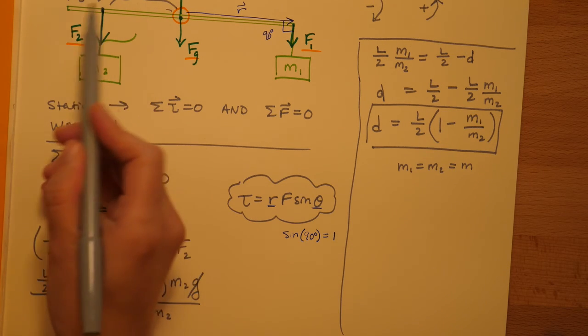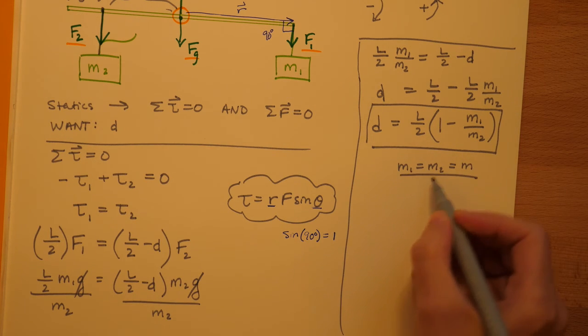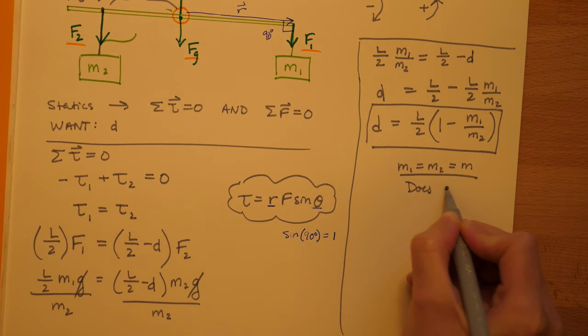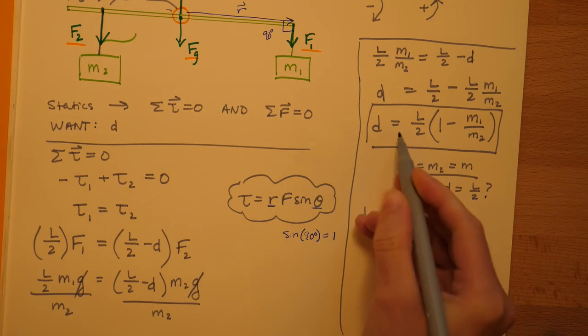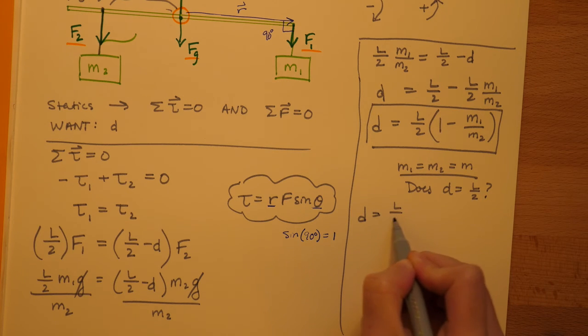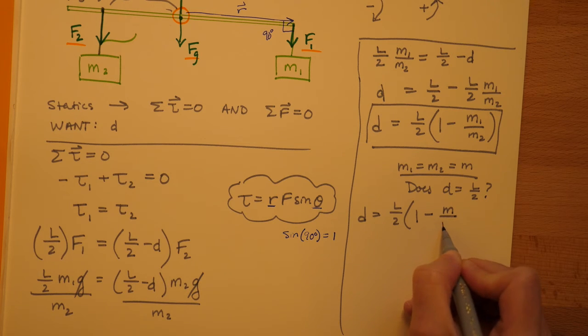So you would expect this distance to be L over 2. So let's see if when this is true, does d equal L over 2? If we use our equation here, d is L over 2 times 1 minus m over m.